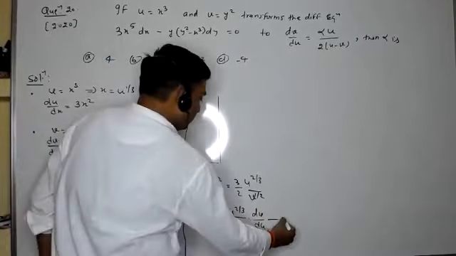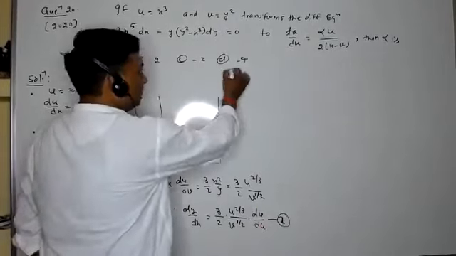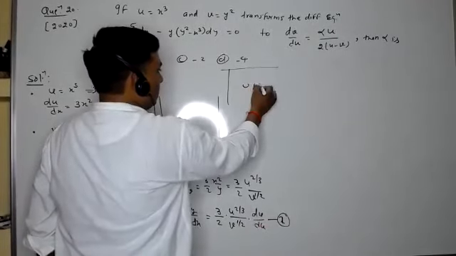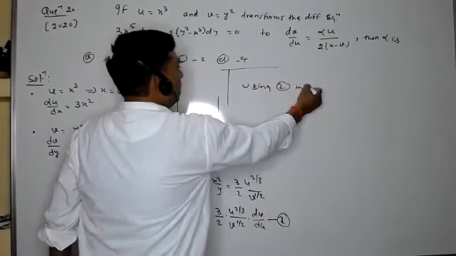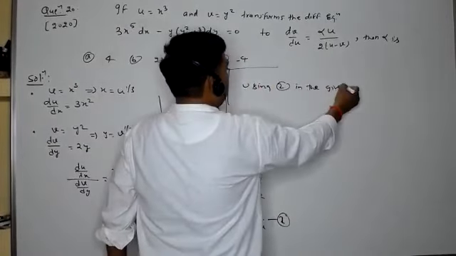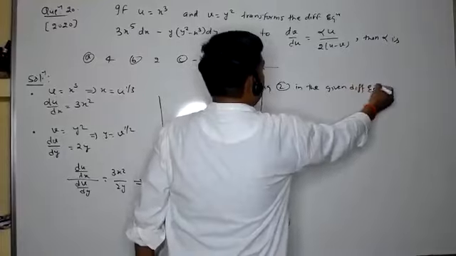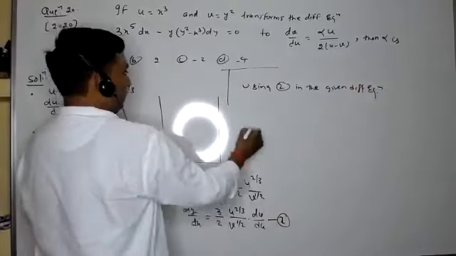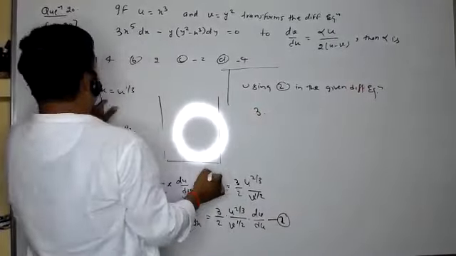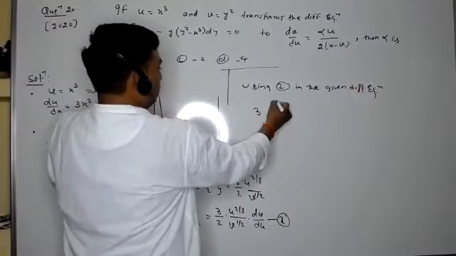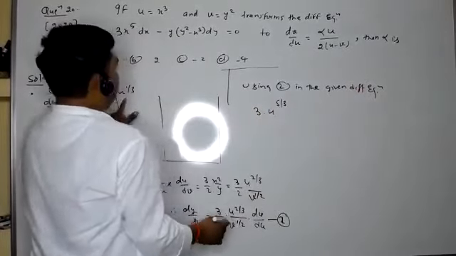Now what will we do? Using this in the given differential equation. So in the given differential equation, what happens: 3 into x to the power 5 means u to the power 5/3, right?